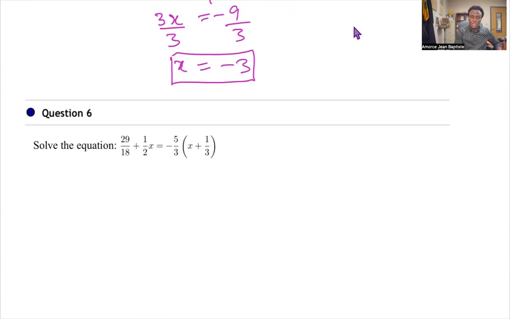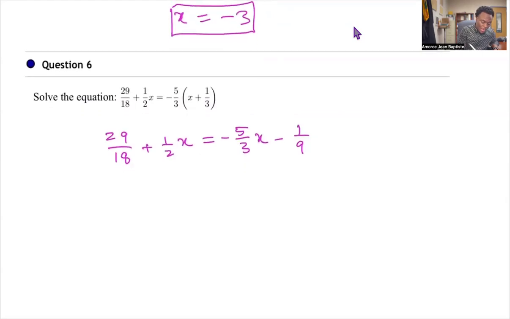Next, for this one, we still have multiple options, but we want to distribute first. So that's 29 over 18 plus 1 over 2x equals negative 5 over 3x minus 1 over 9. The LCD here can be 18.